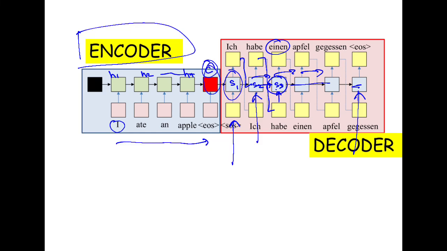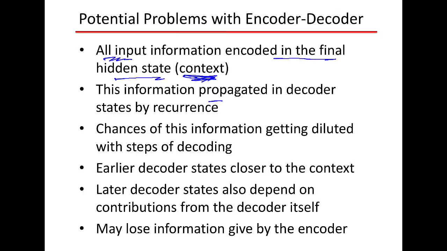So the last word, or the second last word, may not be able to represent the input sentence very accurately, because I've already passed so many steps. That information is propagated by the state recurrence, and this information gets diluted as we do more and more steps of decoding. The earlier decoder state is close to the context, and later decoder states depend on themselves, and therefore we can lose the information. Okay?